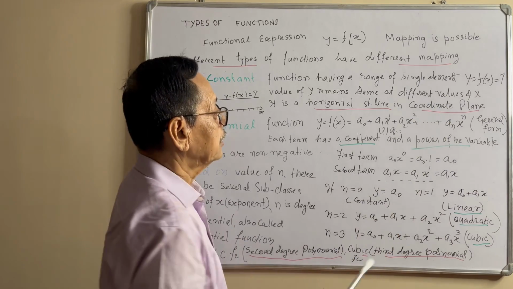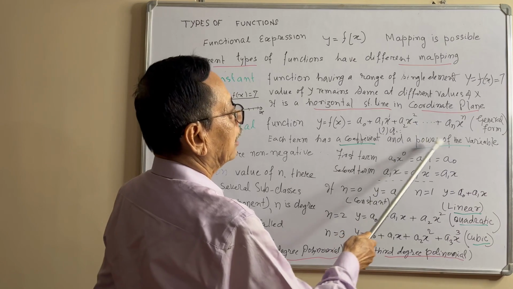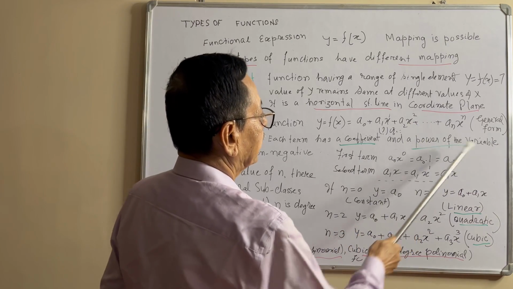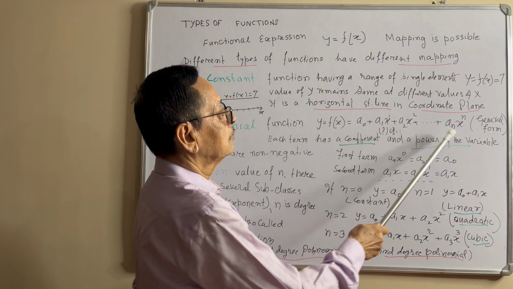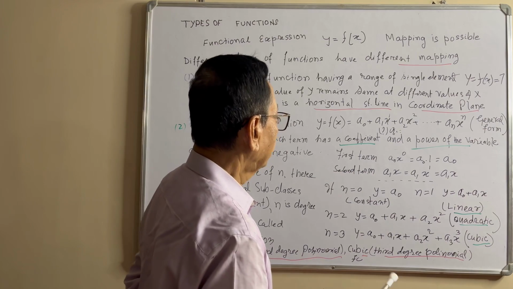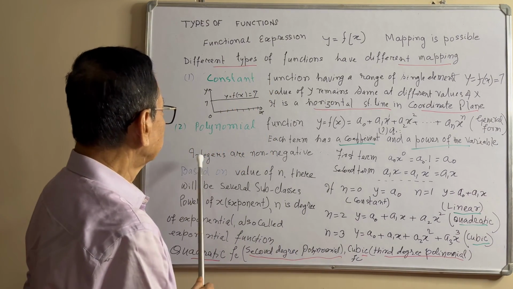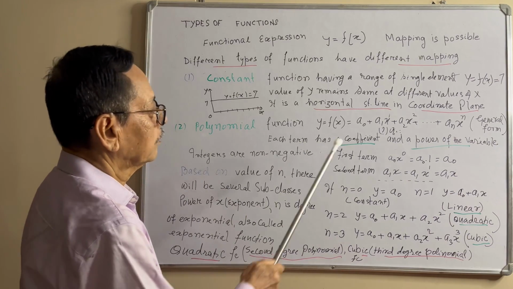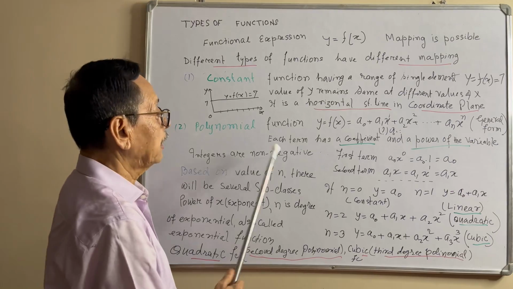These are our coefficients, and each variable has a power. Here power is 1, power is 2, and so on, power is n. Now those powers are non-negative integers.